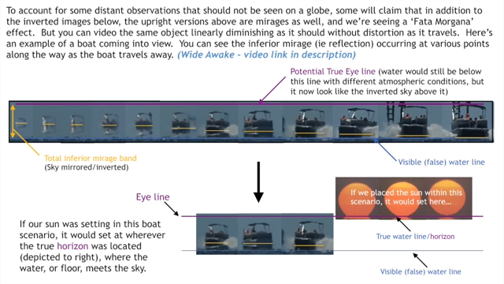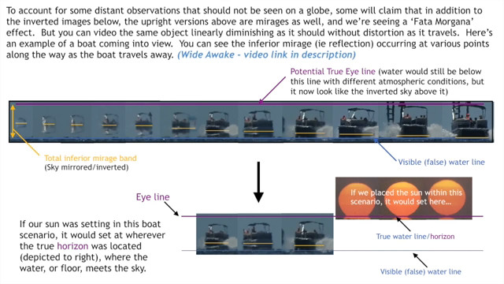So if our sun was setting in this boat scenario, if we go down to the bottom example, we pull out the boat, it would set at wherever the true horizon was located, which is depicted to the right a little bit. So I just placed that other picture as an illustration of where an object would possibly set if it were within this boat example.